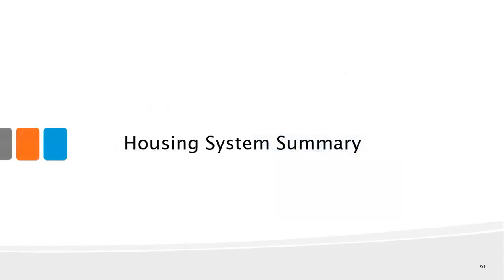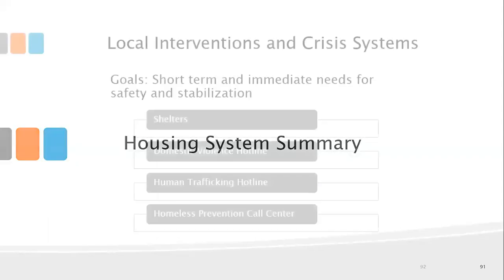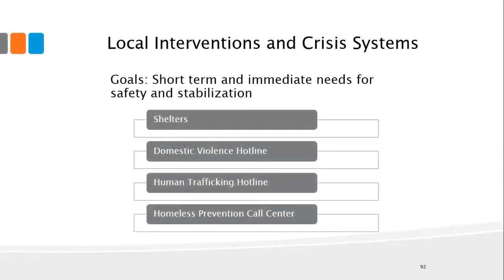Here, we will discuss a high-level summary of the housing and crisis systems in Chicago. Communities have crisis systems that include shelters, domestic violence and human trafficking resources, and homeless prevention resources. We will talk about how to make referrals to crisis systems later in this section.